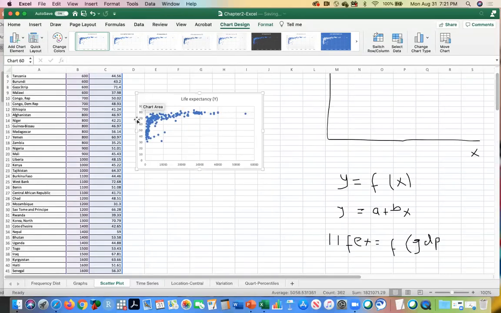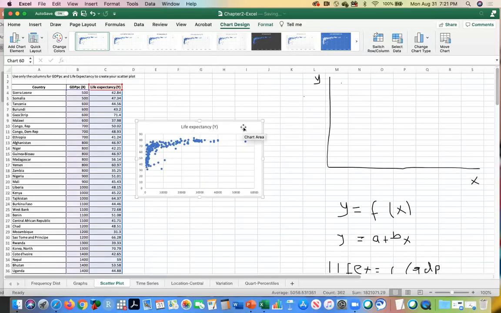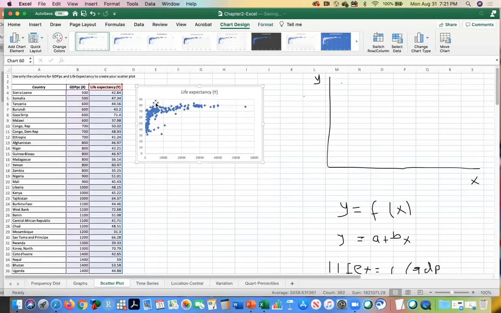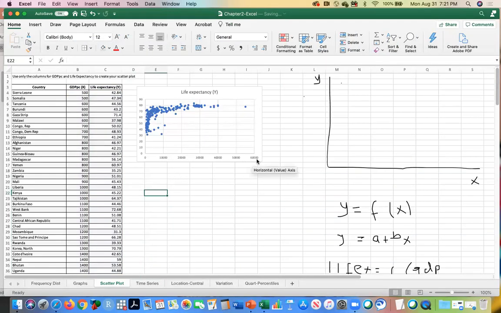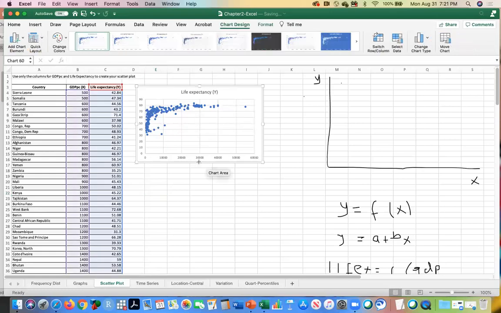As you can see, the Y is the life expectancy. I think the highest life expectancy is 90. The lowest GDP is $500, and the highest, I don't know, is like 60,000. So we can see here in a bigger perspective.